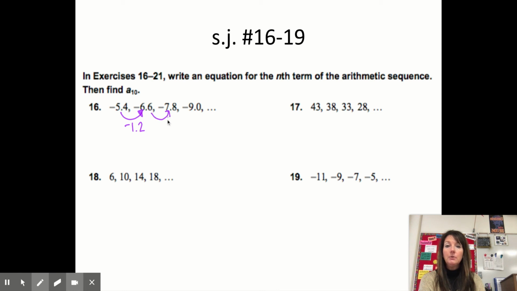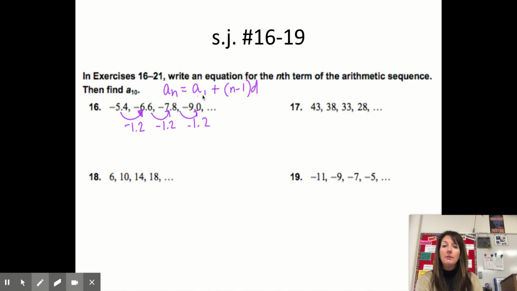So it's decreasing by 1.2 each time. We're going to use this formula, A sub 1 plus n minus 1 times the common difference. So we know that we can plug in this negative 1.2 back here.